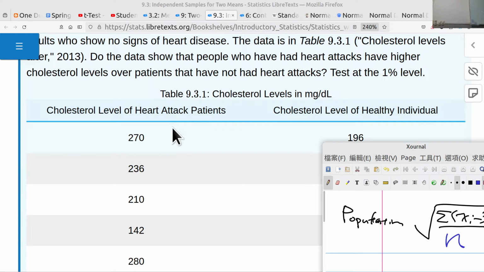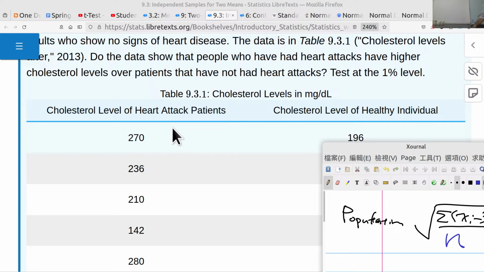And for the healthy adults, they plan to use a small number to represent whole healthy individuals' cholesterol level. So both of them should be samples.